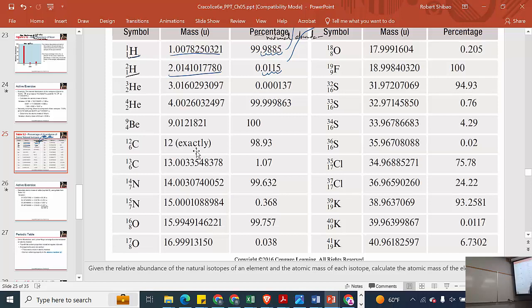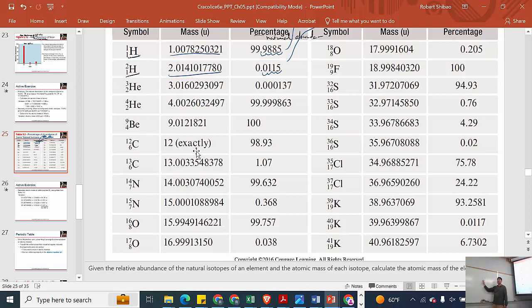But what about chlorine? What do you think the average of chlorine is? Can you just look at it and see? If we look here, we can figure it out based on this here. If it were a 50-50 mix of chlorine 35 and chlorine 37, then the average would be 36. But when I look at the periodic table, what is the average on the periodic table? The average on the periodic table is 35.5, which means there's more 35 or more 37?